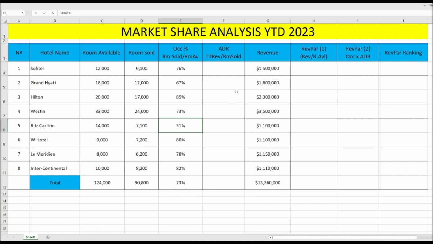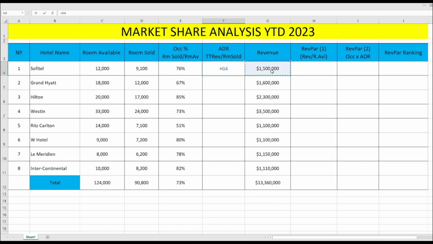Calculate ADR. ADR means average daily rate. In order to calculate ADR, we need to take total revenue divided by number of rooms sold. Let's calculate together, starting from Sofitel.